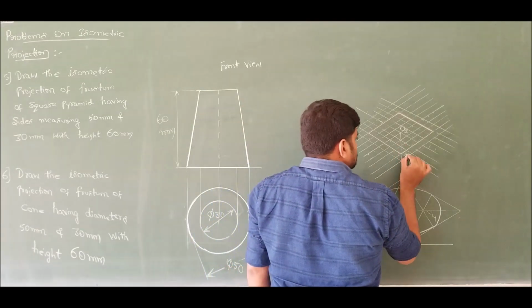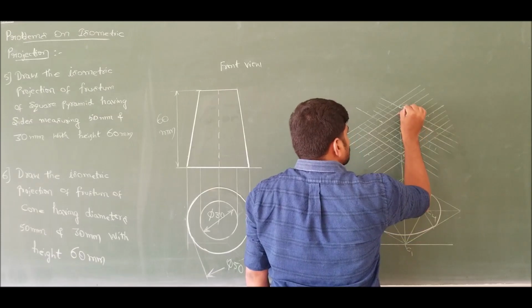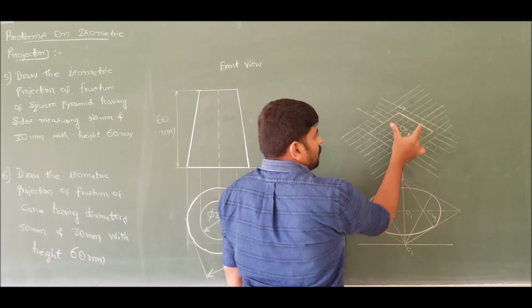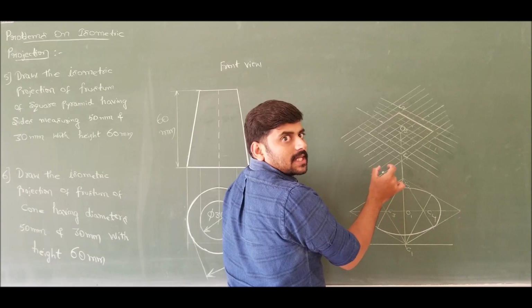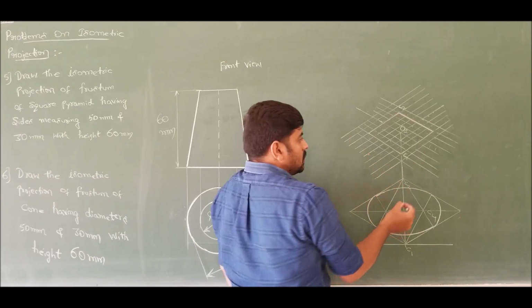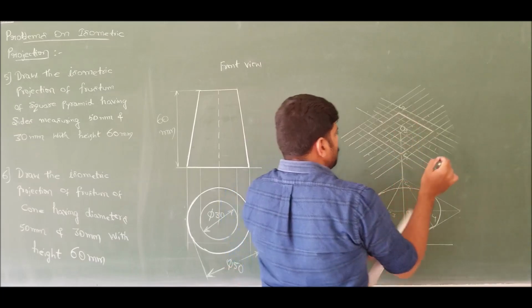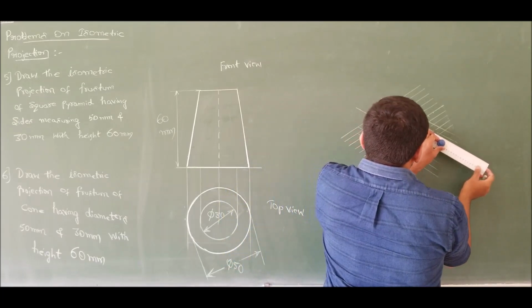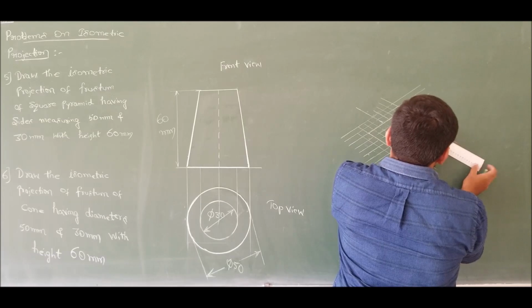Now mark the centers C1, C2 and draw the perpendicular bisectors to construct the circle of diameter 30 millimeters in isometric projection. So drawing the perpendicular bisectors, initially you mark 1.5 boxes on all the sides.